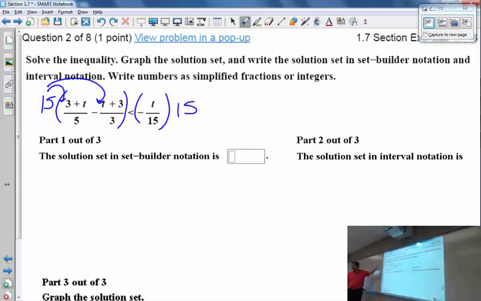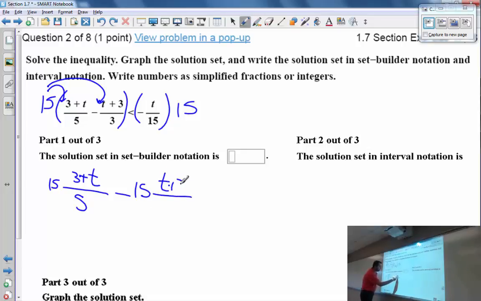Or you can go fast forward and do this immediately: put 15 in front of each and every item quickly. You can skip this first step and show me directly 15 times the first one and minus 15 times the second one. Make sense? So you can immediately jump to this step and start here.